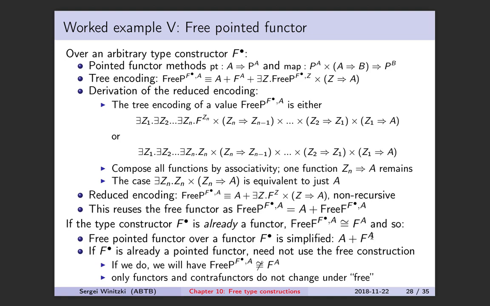Only functor and contrafunctor have the property that applying a free construction doesn't change them. All other type classes will change, usually, when you do free type construction. So for example, free monad over a monad is not the same monad. Free pointed over a pointed is not the same functor. Only functors and contrafunctors, pure contrafunctor type classes, do not change under applying the free construction.